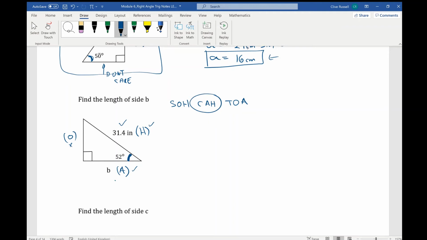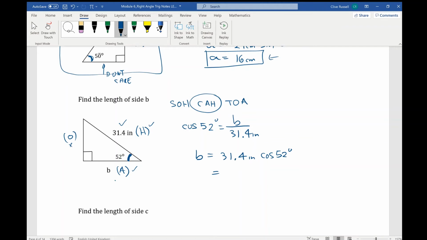So we just say now that the cosine of our reference angle, 52 degrees, is adjacent, which is the B, over the hypotenuse, which is 31.4 inches. I'm going to leave this for you to figure out, since this is just formula manipulation. So from that we get that B is 31.4 inches times cosine of 52 degrees.